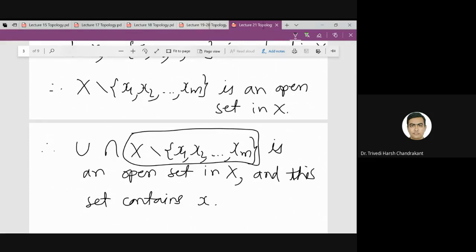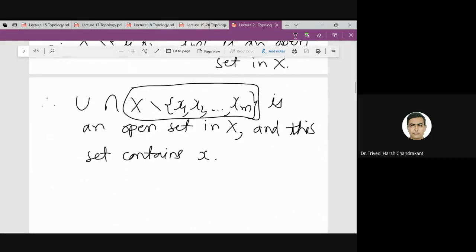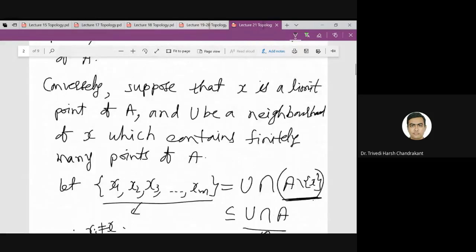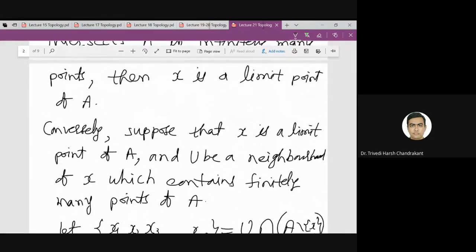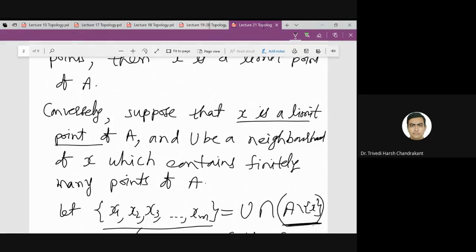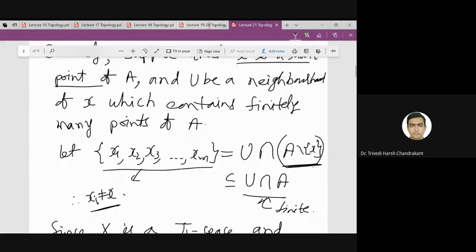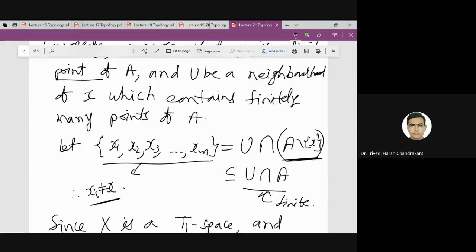So finally note that what we need to show: we started with X being a limit point of A, that is the assumption. Then we took a neighborhood which contains finitely many points of A. So basically we have started with a wrong statement, and then we want to find the contradiction.